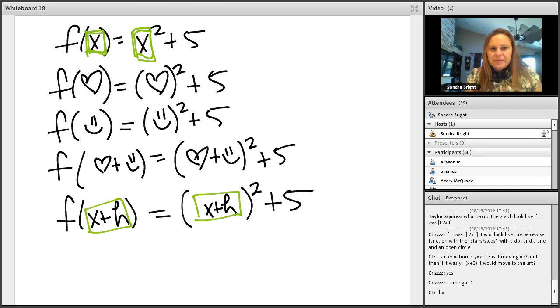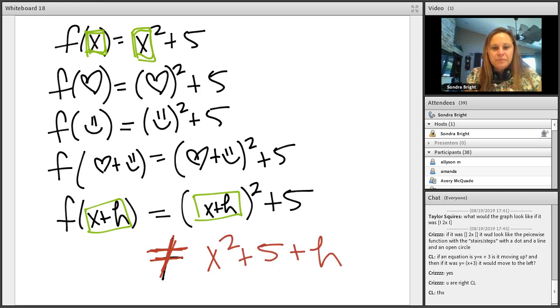You know how we plugged in x plus h into your x squared? It is not, let me do this in red, definitely not equal to x squared plus 5 plus h.